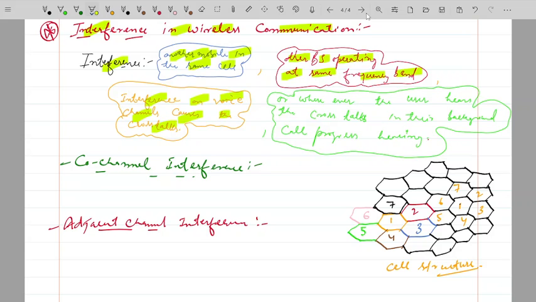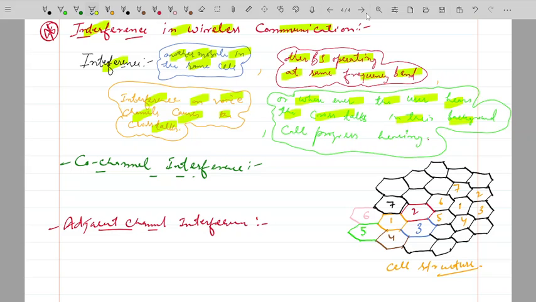When one base station's signal overlaps with another base station's signal, or when a user served by one base station is also getting the signal from another base station or from a user in the other base station, interference occurs.